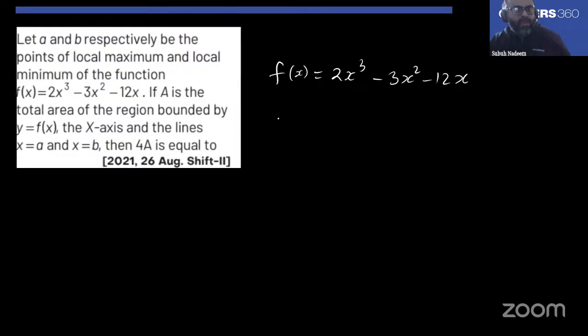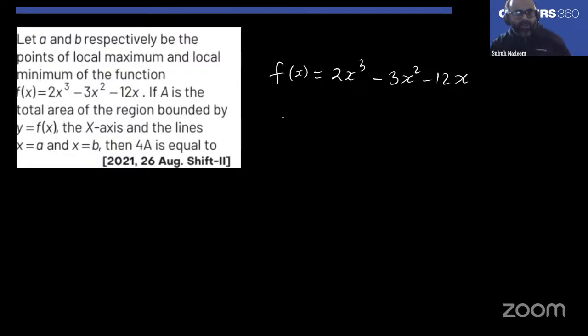So for local maximum and local minimum, we have to differentiate it. And further it is saying if A is the total area of the region bounded by y equal to fx, the x-axis and the lines x equal to A and x equal to B, then 4A is equal to.